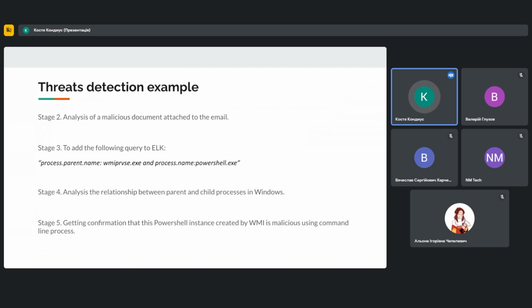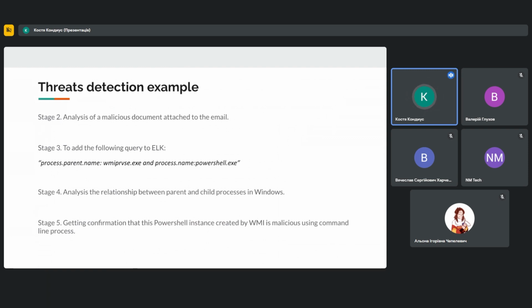This instance of PowerShell executes a script wrapped in a malicious macro. And the next stage is to add the query on the screen to ELK. Based on the result of the query, several key-value pairs were manually selected that are important to create a basis for future search.